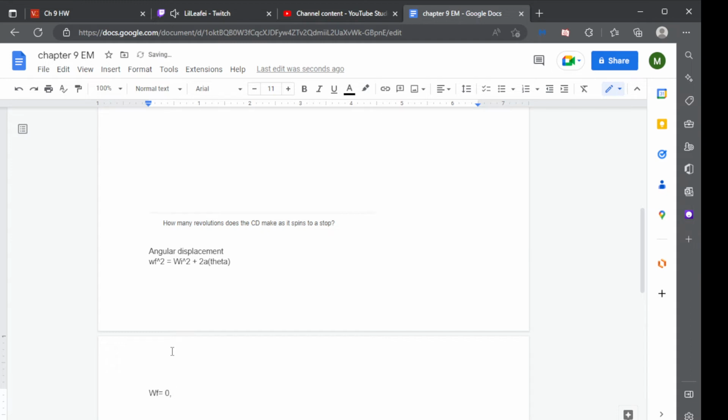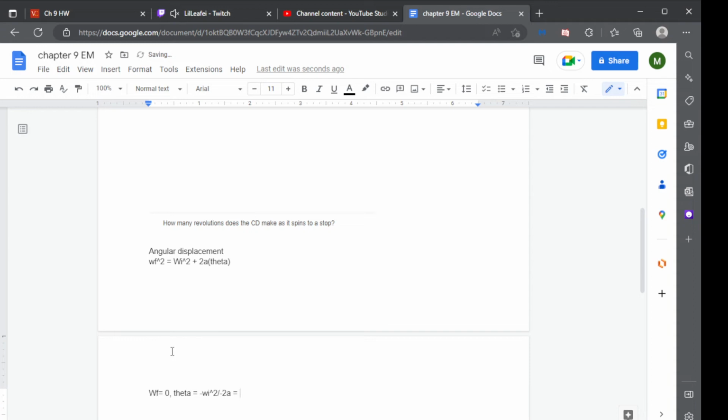Again, we're looking for theta, so we will isolate theta by itself. So theta equals negative W initial squared divided by negative 2A, 2 times acceleration.